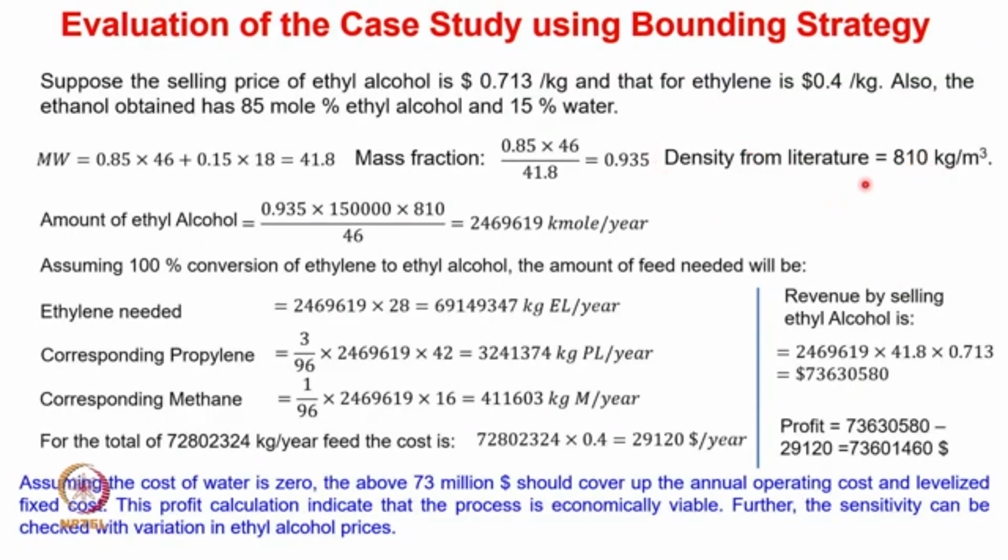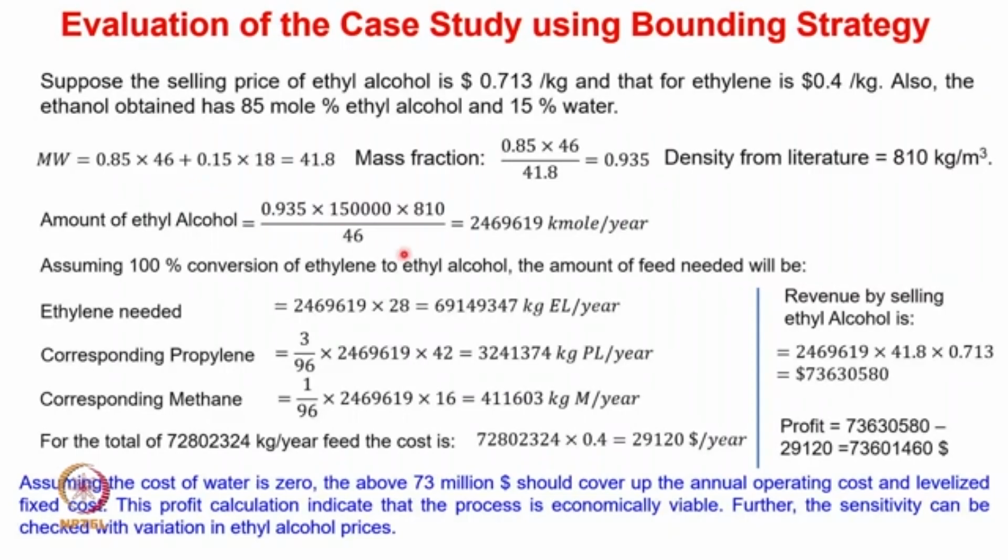So using this particular information, we are converting 1,50,000 meter cube per year of the ethanol which we wanted to sell in terms of kilomole per year. So for that we have multiplied 0.935, which is the mass fraction, into 1,50,000 meter cube per year, into the density of the product, which is 810, divided by 46.